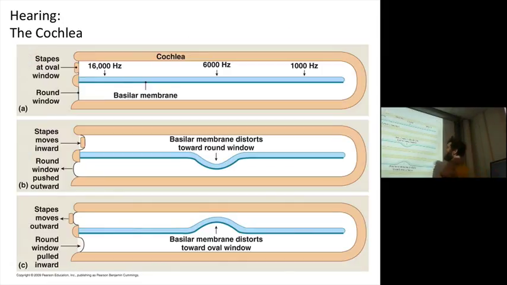Here we go. So the stapes moves in, there's a vibration, and because of the speed of that vibration, the frequency, it's going to bend the membrane here. Those hair cells are going to interact with the tectorial membrane, and this is pushing the round window outward. Then the stapes moves outward, the basilar membrane deviates this way, and the round window gets pulled in.